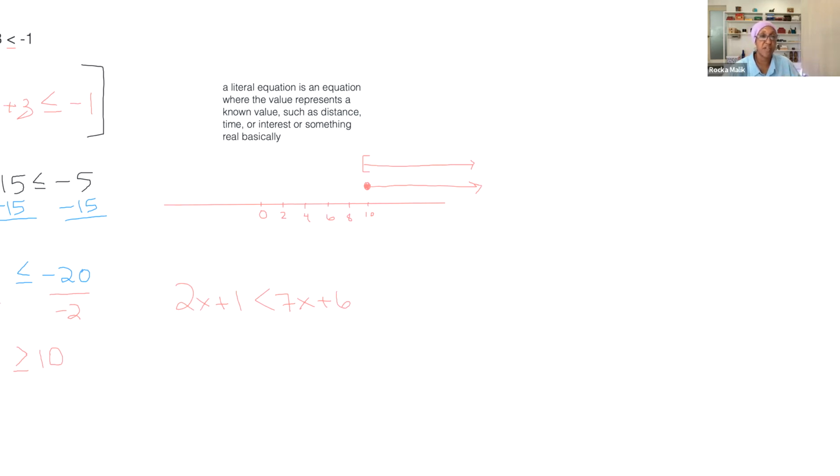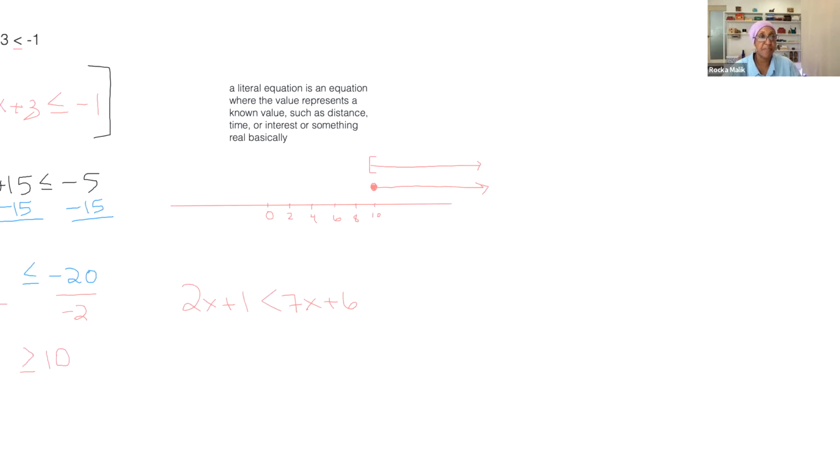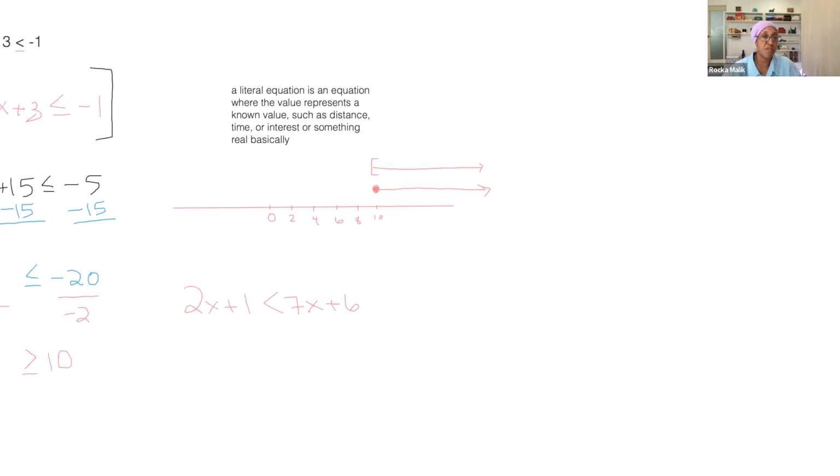You want to choose what side you want the x's on and what side you want the numbers on. And this one, I'm gonna choose to put my x's on this side because I don't want to deal with a negative number. So when I move this minus 2x here, I want to still have a positive value for x.